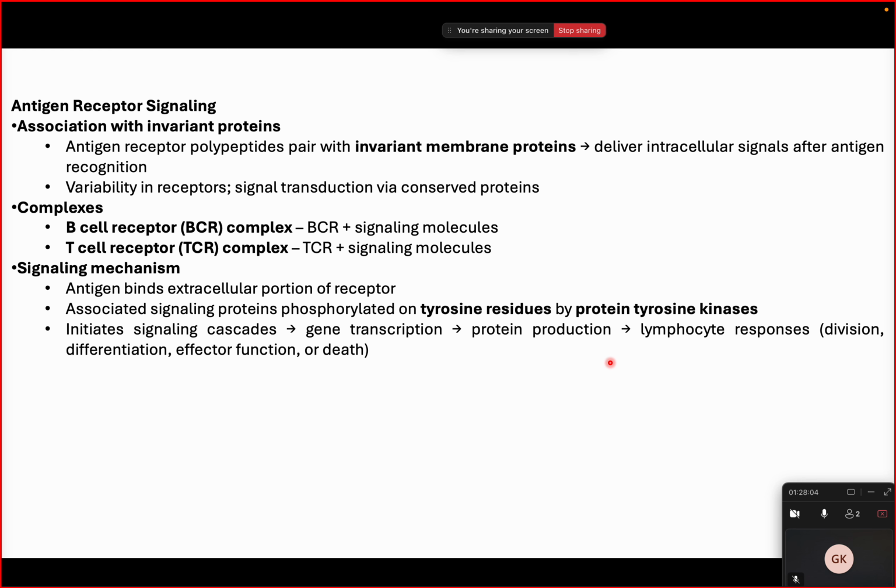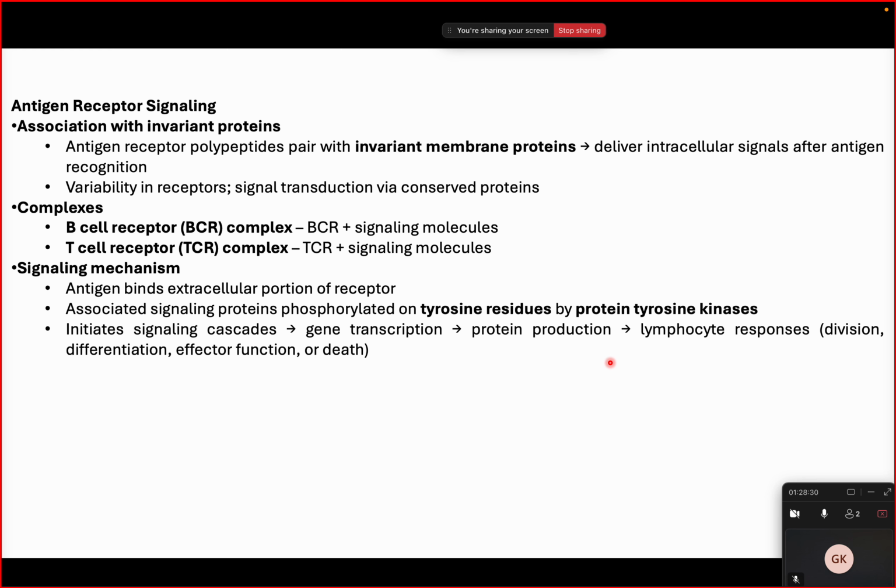But for the cell to perform its function, or the downstream pathways and the cascade of biochemical reactions which need to be taken after the cell has recognized something, it doesn't only happen because it has recognized a B cell receptor. The B cell receptor will have other co-receptors along with it, which need to be taken care of.